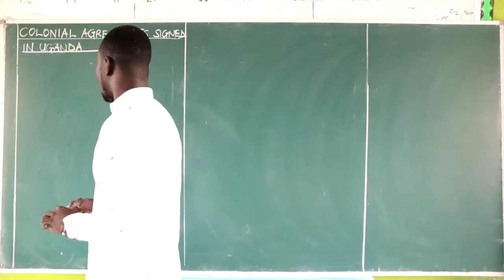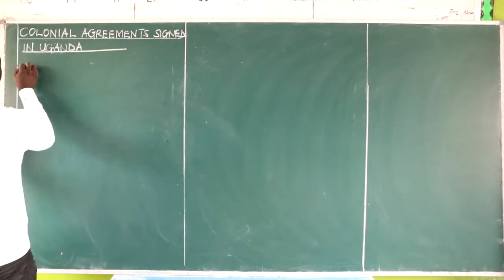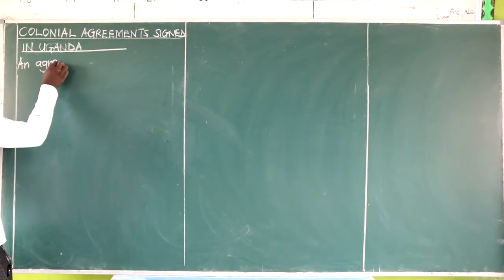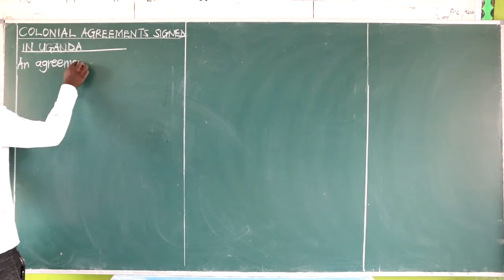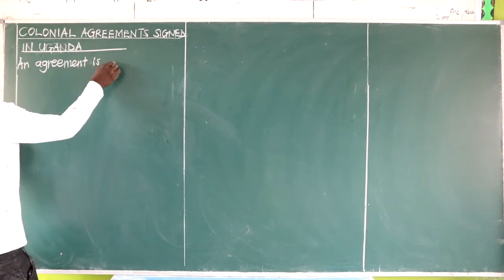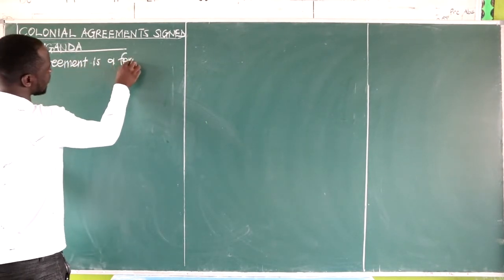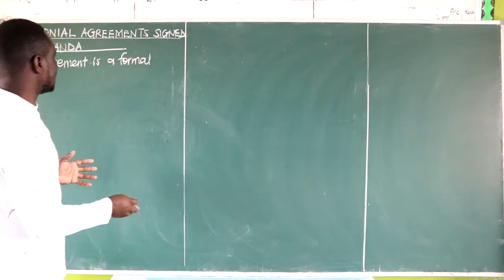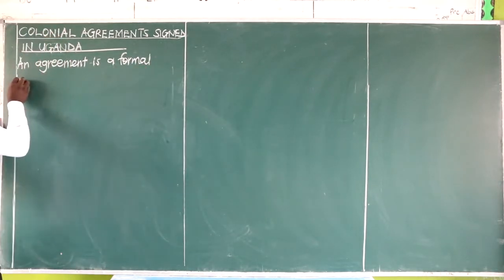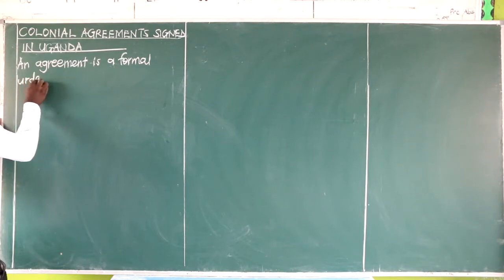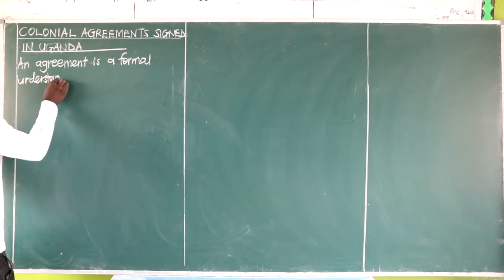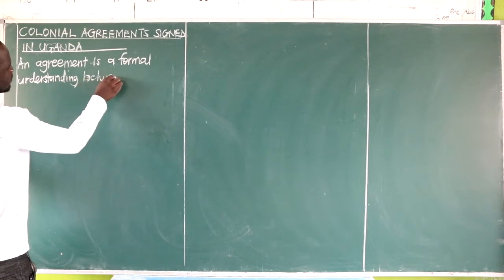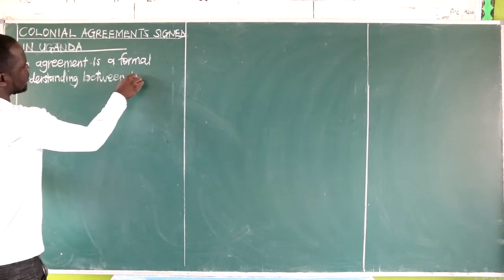Now, an agreement is a formal understanding. We can also call it a treaty. An understanding between two people.